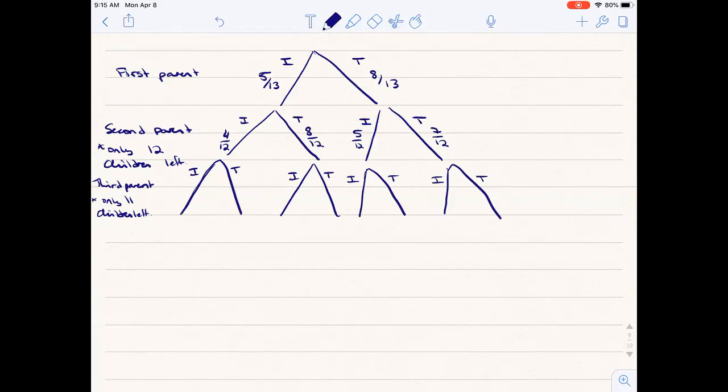Now all these probabilities are out of 11 children. If we're just going down the left-hand side chain, first an infant, then an infant, and then the third infant, now the probability of the third infant is 3 out of 11.